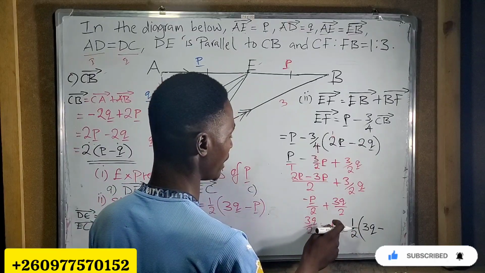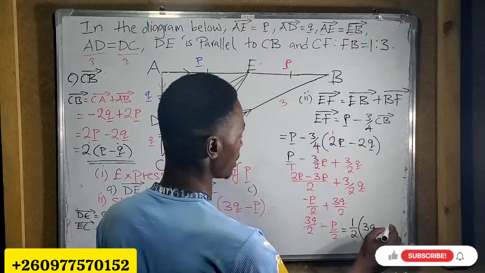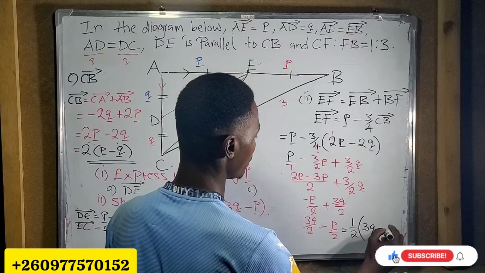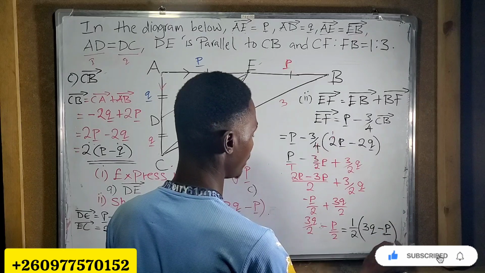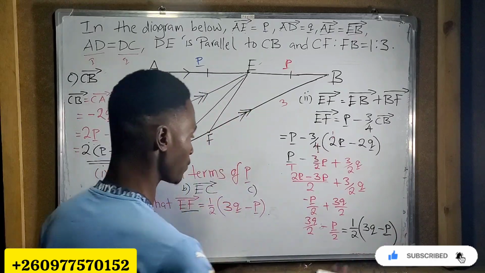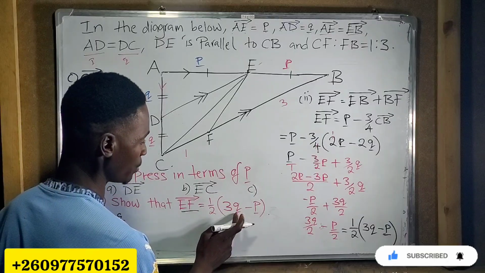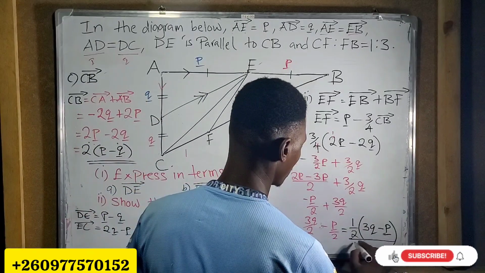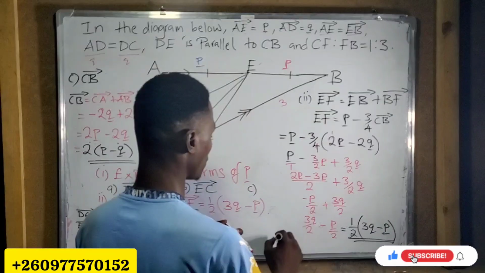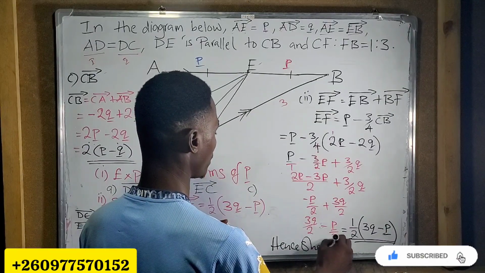There is an invisible 1 here. So 1 over 2 will cancel. We just remain with vector P. Okay, let's compare this one with the one here. 1 over 2, 3Q minus P, yes, this is correct. All right. So hence shown.